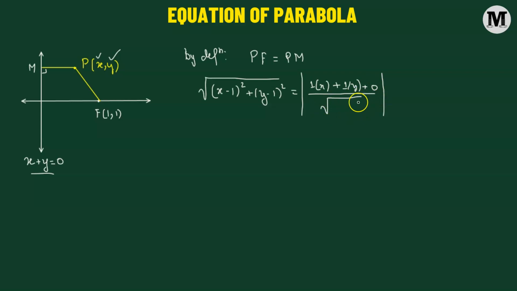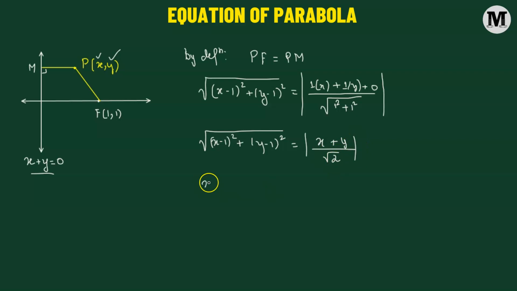Divided by the square root of the sum of the squares of the coefficients of x and y. So that's 1 squared plus 1 squared. So that's going to give us the square root of x minus 1 whole squared plus y minus 1 whole squared equals the absolute value of x plus y divided by the square root of 2.